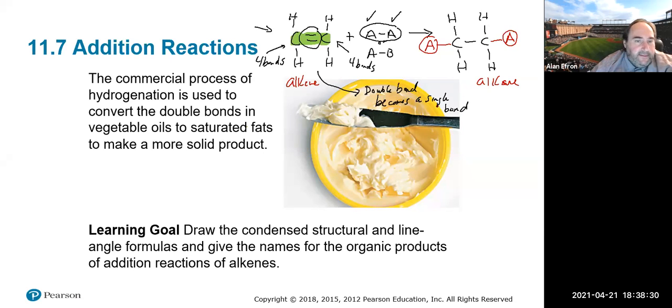It happens exactly the same way every single time, no matter how weird the molecule may look, no matter how many carbons there are. You simply need to find where the double bond is, redraw the molecule exactly the same, turn that double bond into a single bond, and add one thing to one carbon and the other to the other carbon.